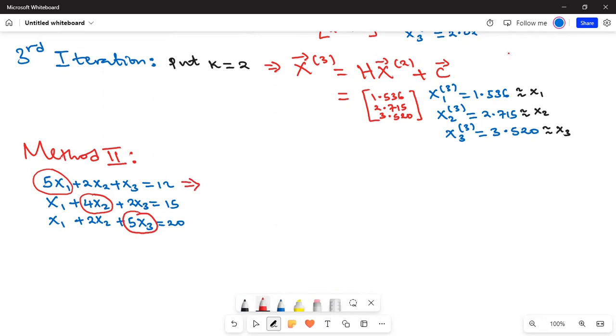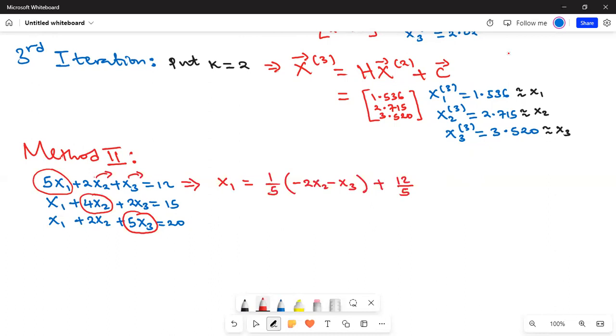So if I make x1 the subject, I'll have x1 is equal to 1 over 5 times negative 2x2 minus x3 plus 12 over 5. Somebody might be wondering why negative: because I'm taking these to the right, so they become negative.